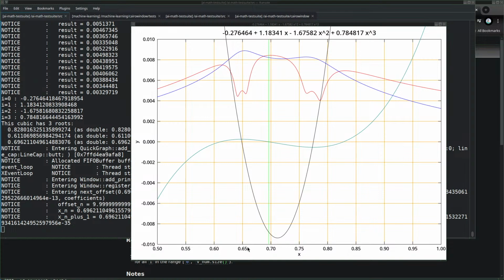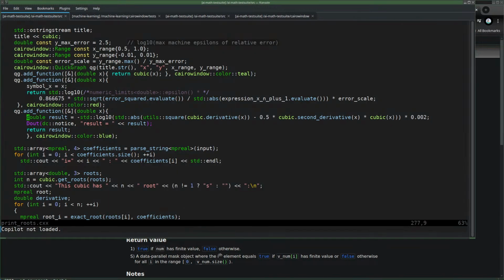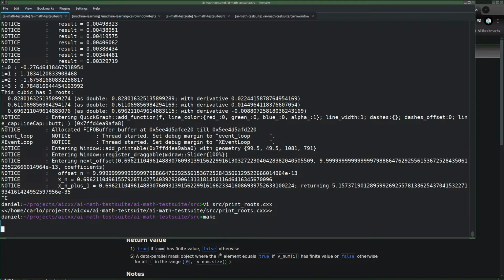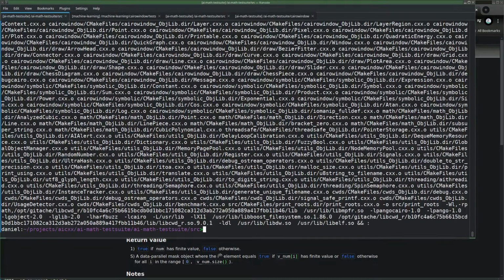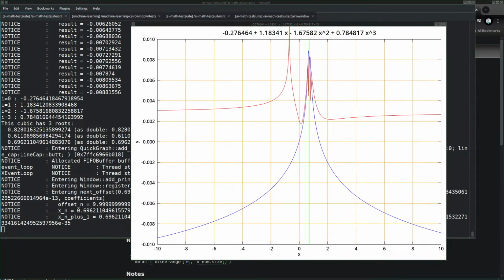Let's plot this again from minus 10 to plus 10. See what happens. Yes, it goes down.